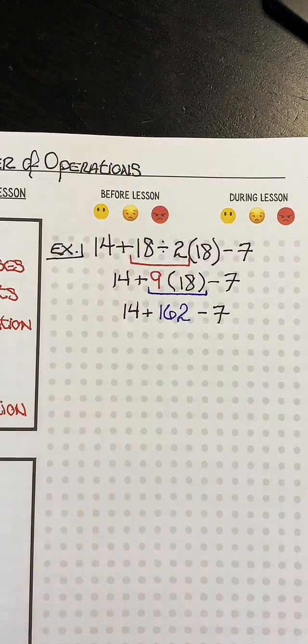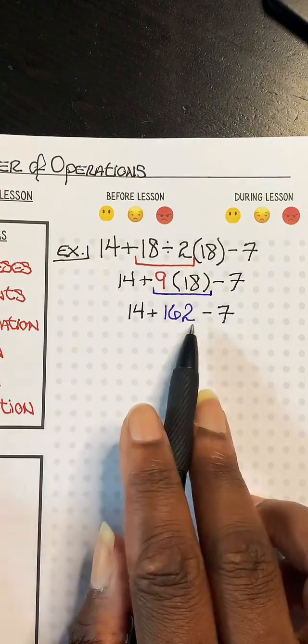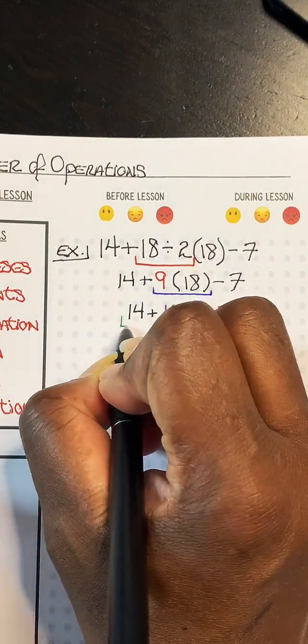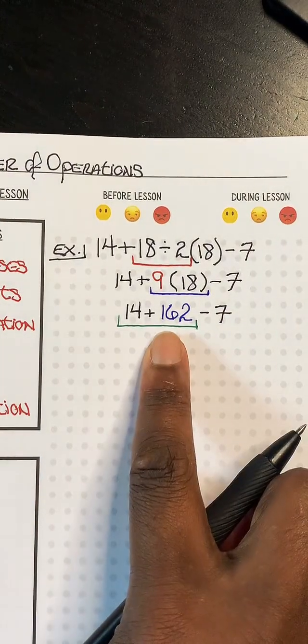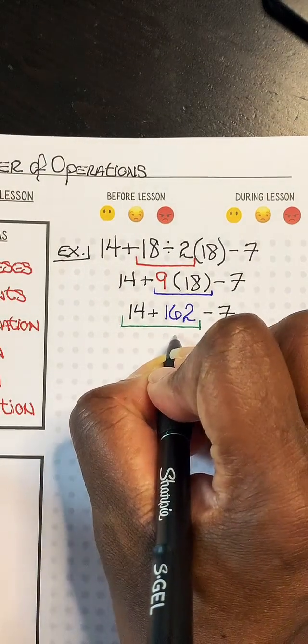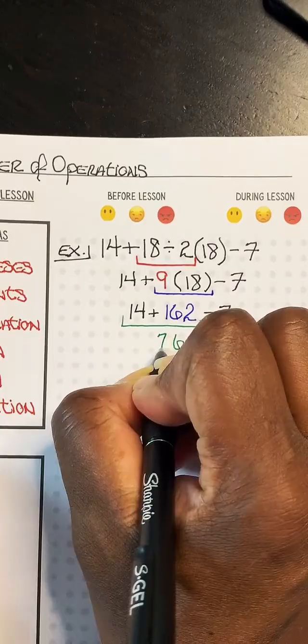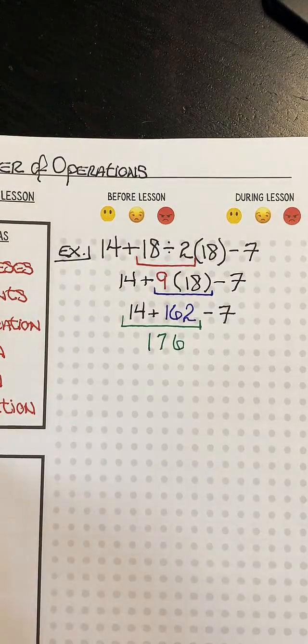So that means, starting from the left, we have our 14 plus our 162. Okay, so we are just adding 14 to this. So this gives me my 6, this gives me my 7, and that's 176.